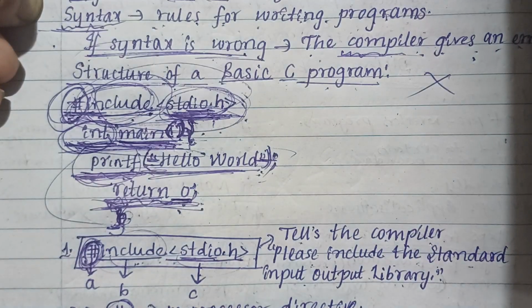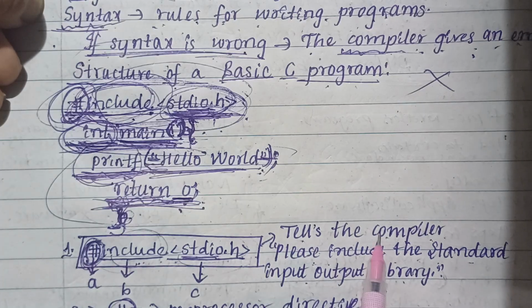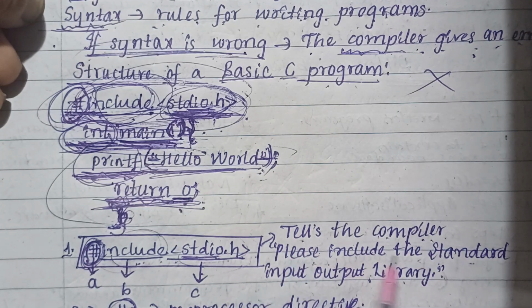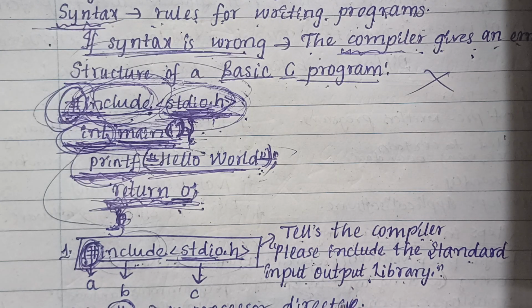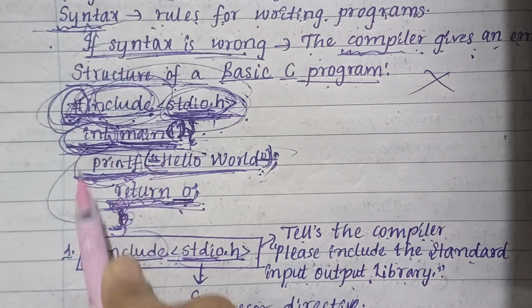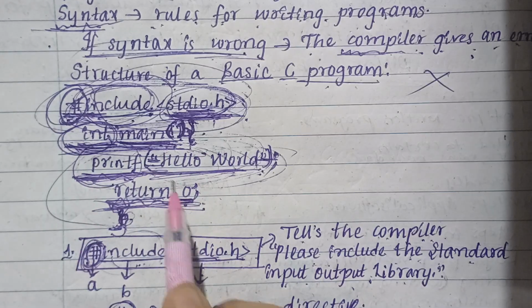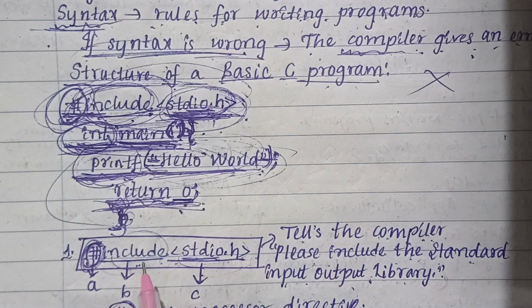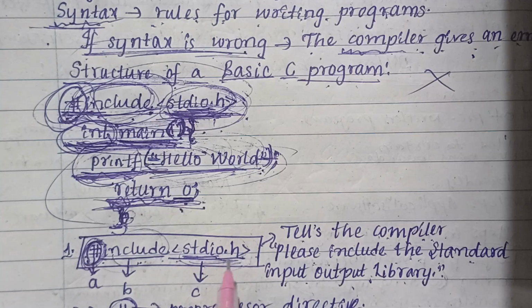What this line actually indicates is that it tells the compiler to include the standard input output library. That means if you want to give something as user input, and if you want to get something as an output, here it is returning hello world as the output, then to make such actions, you have to write this #include <stdio.h> line.